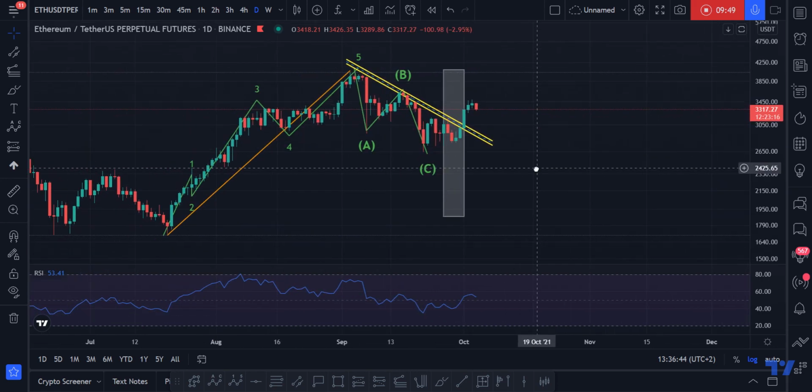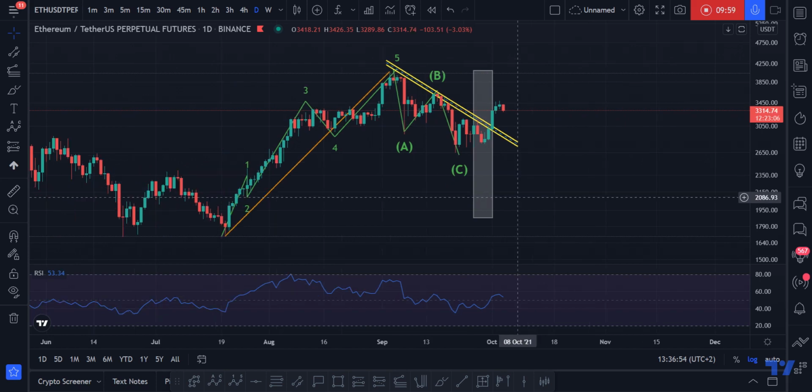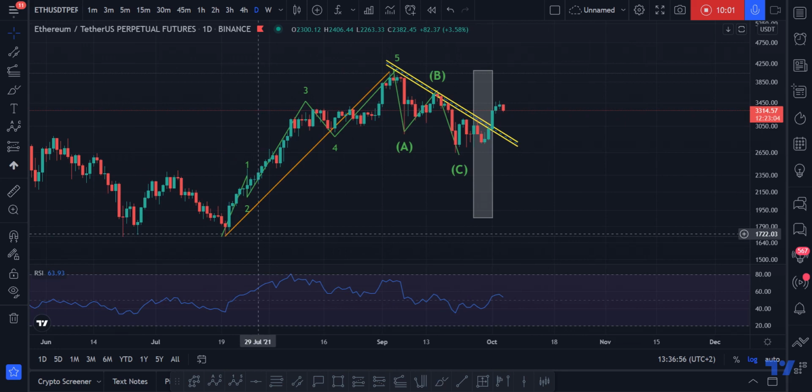As always, I am going to repeat every single time: this is not a tool that works 100%, right? You have to have a complete impulse wave. You have to have confidence in your wave count.